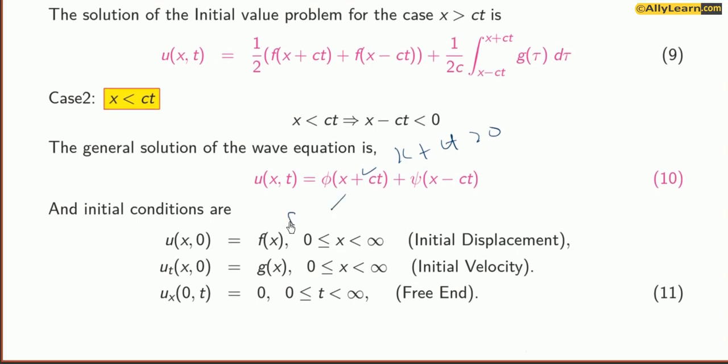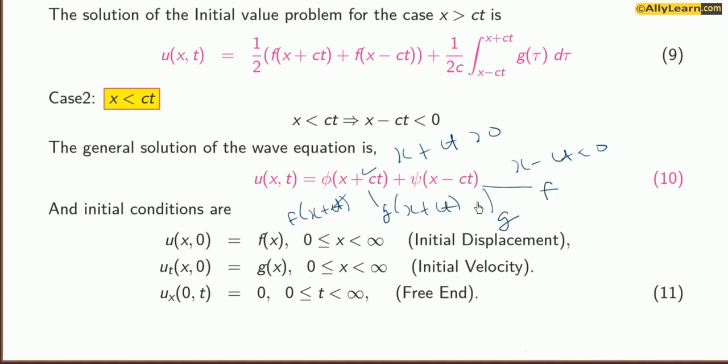So this phi of x plus ct will be converted into f of x plus ct and g of x plus ct in exactly the same way as we did for case 1. Now since x minus ct is negative, the same approach cannot be used for converting psi of x minus ct into f and g.